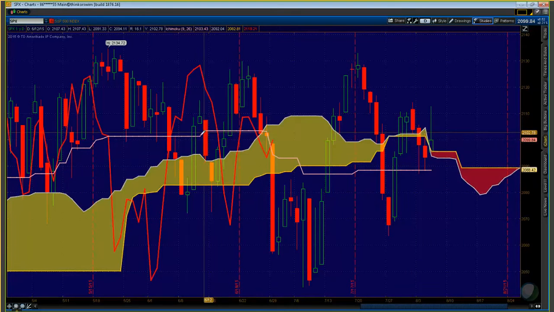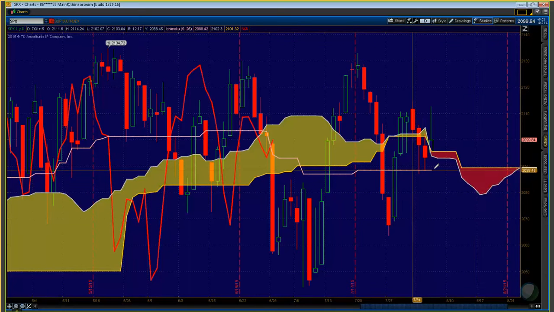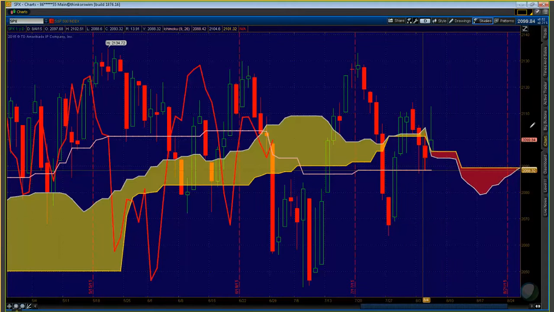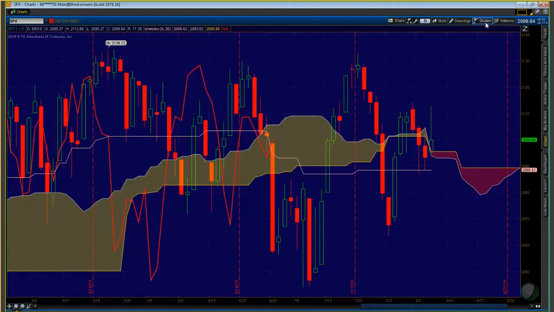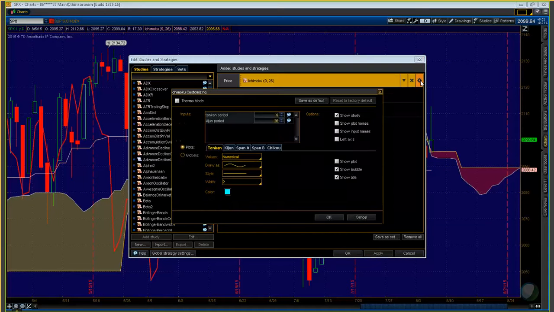It's acted as basically a support area, and it also can act as resistance. So again, this is a pretty powerful indicator. This is a present indicator, and it is very strong, especially if it's flat, for drawing price back towards it. Let's add the Tenkan Sen.